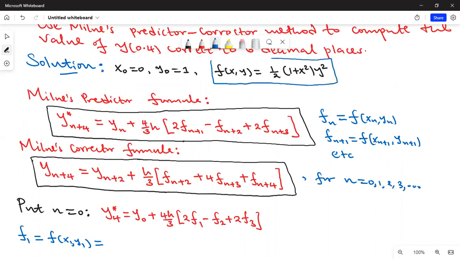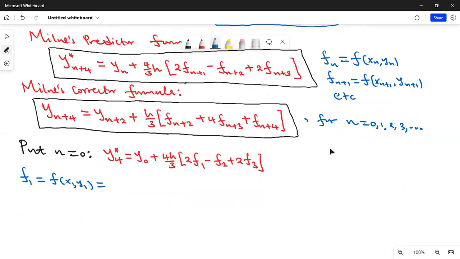Where there is x, I'm going to put x1, and where there is y, I'm going to put y1. So it will be 1 over 2 into (1 plus x1 squared) times y1 squared. When I substitute the values, I'll have 1 over 2, 1 plus our x1.